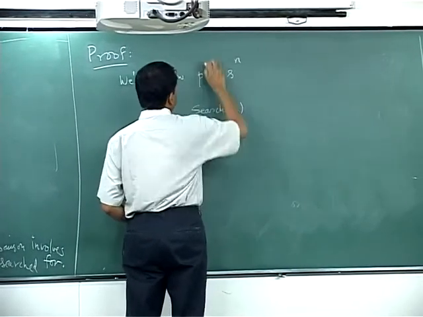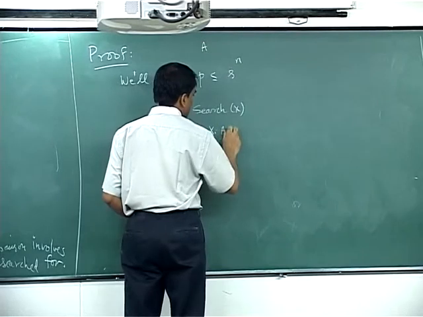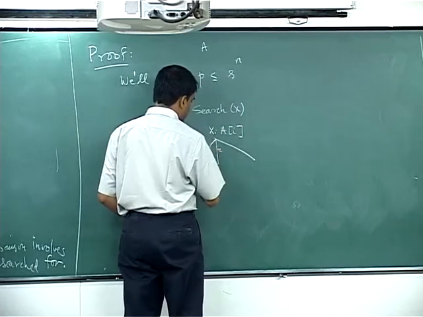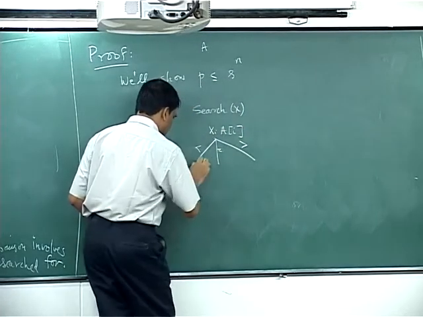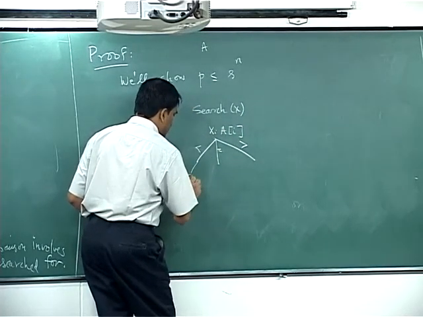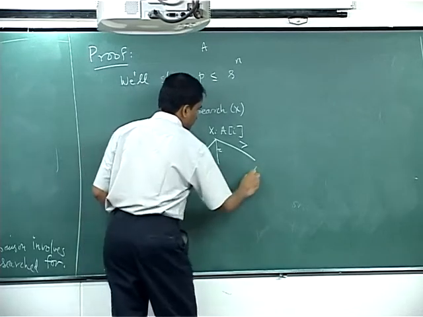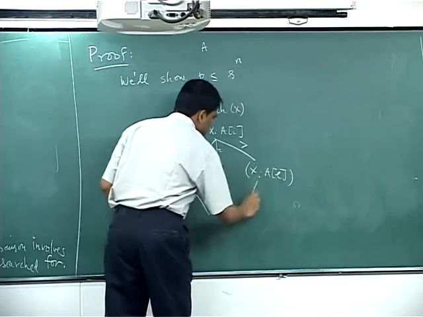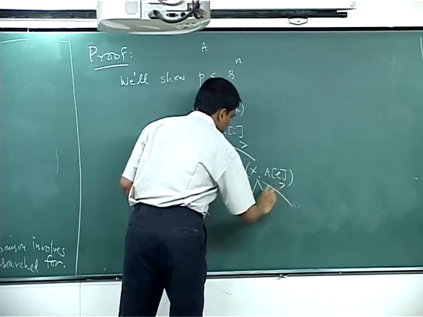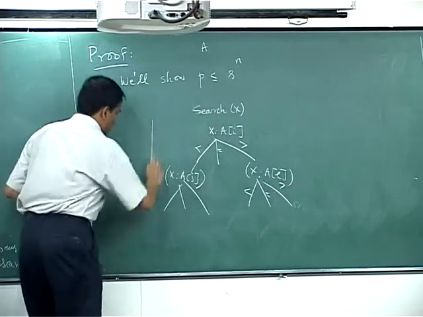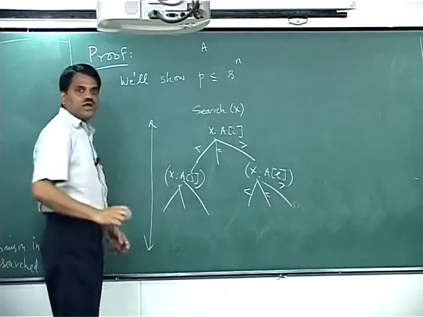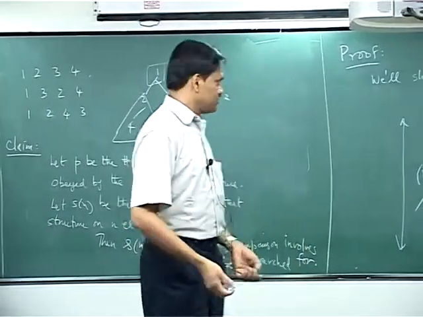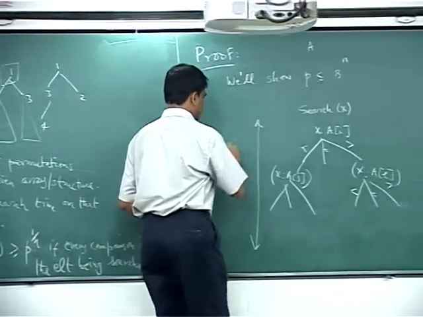Let us say A is your array, then it is going to compare x with some a i, and depending on the outcome, if it is equal, it will stop; if it is less than or greater than, it is going to compare x with some other a j, and again depending on the outcome, it keeps going. So that is the search algorithm, and the height of the search tree is the maximum search time, which we assume to be at most s.